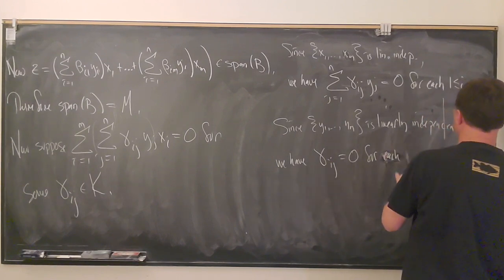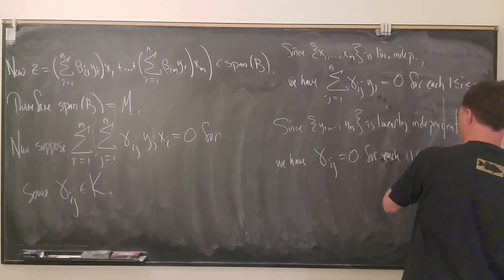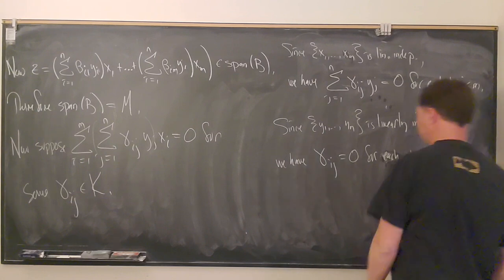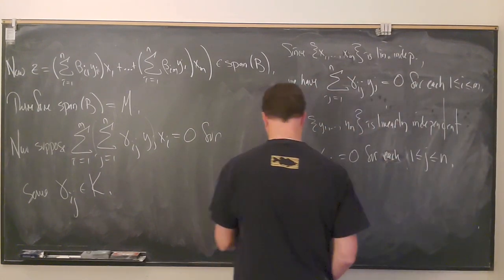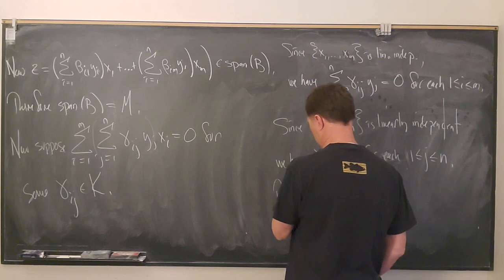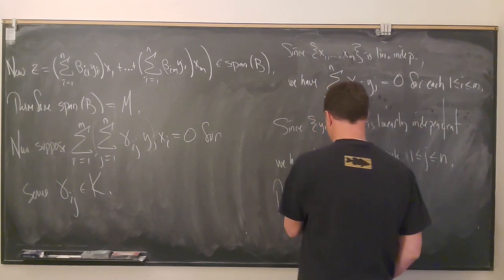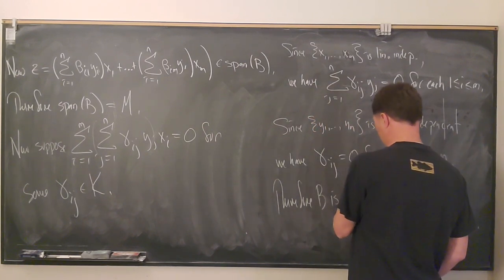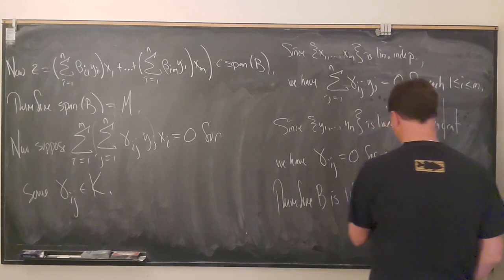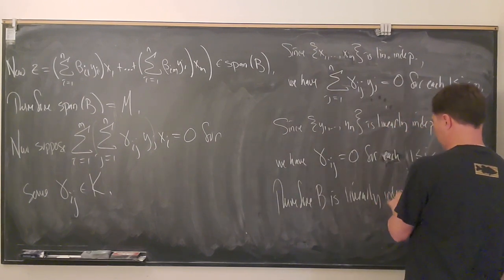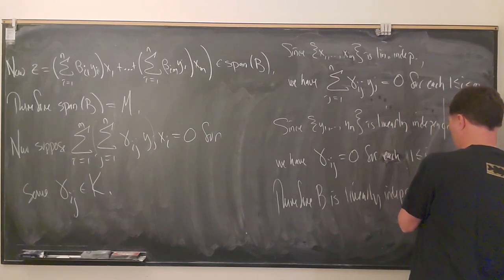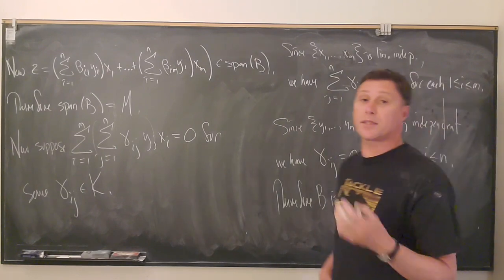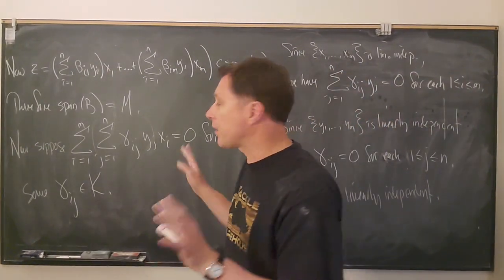Well, where do the j's live? They live between 1 and n. Therefore, B is linearly independent. So this completes the proof in the case that everything was finite.